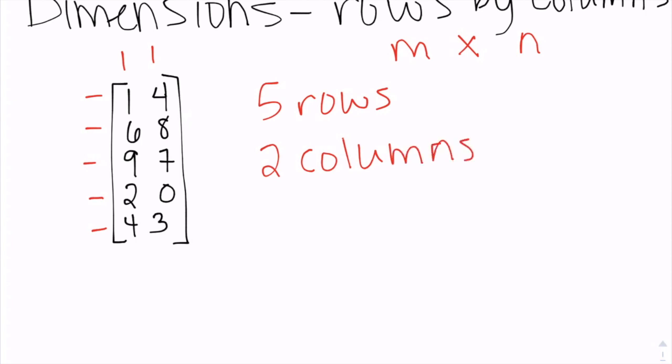I remember columns because if you think about a building, the columns here make what would look like a column on a building. So we would say the dimensions of this matrix here are 5 by 2.